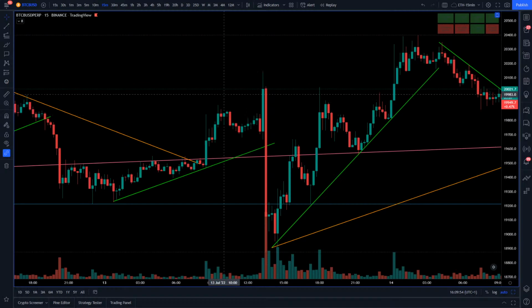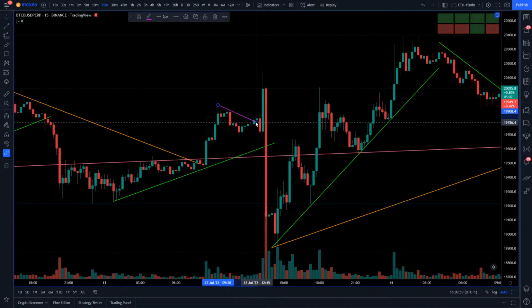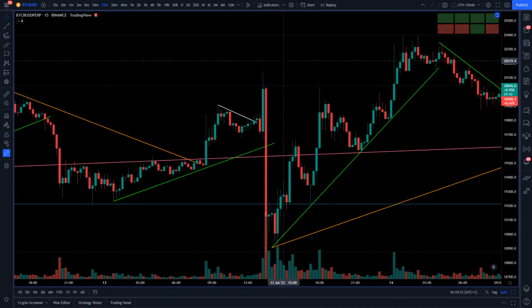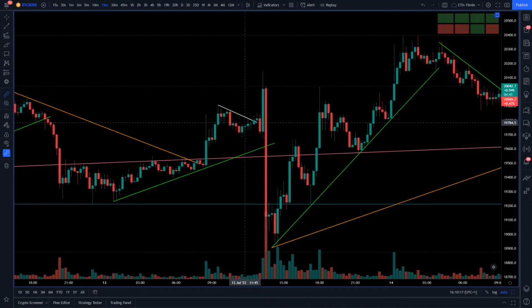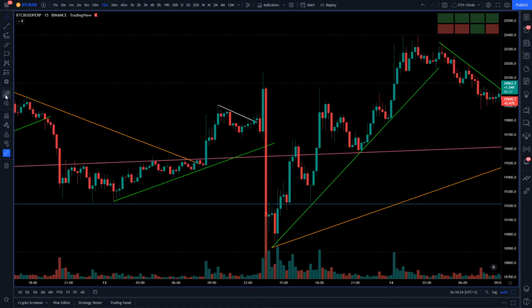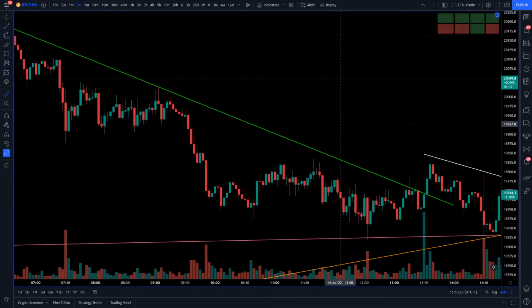So imagine yesterday, if you took a long here, basically here, up, and you didn't put a stop loss, and you didn't take profit as well. This made a very nice profit from here to here. I think that was about 0.5, and then from here, let's go down further.